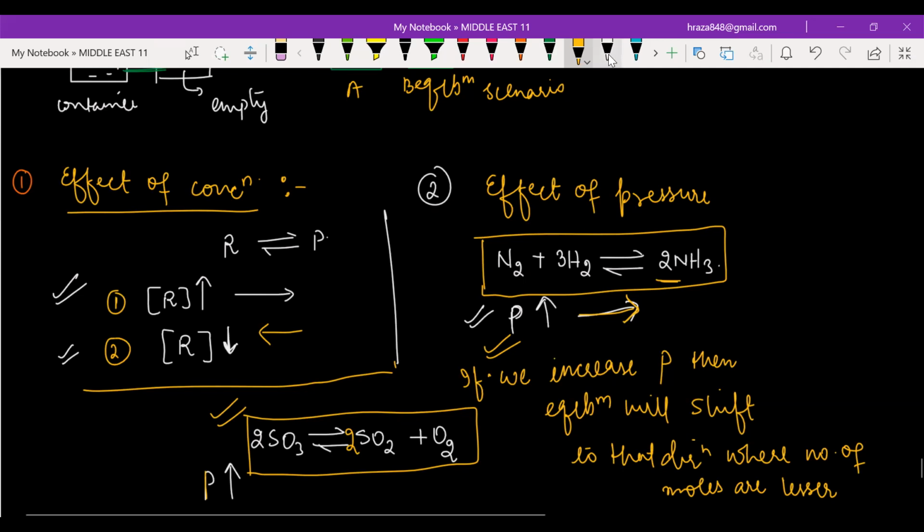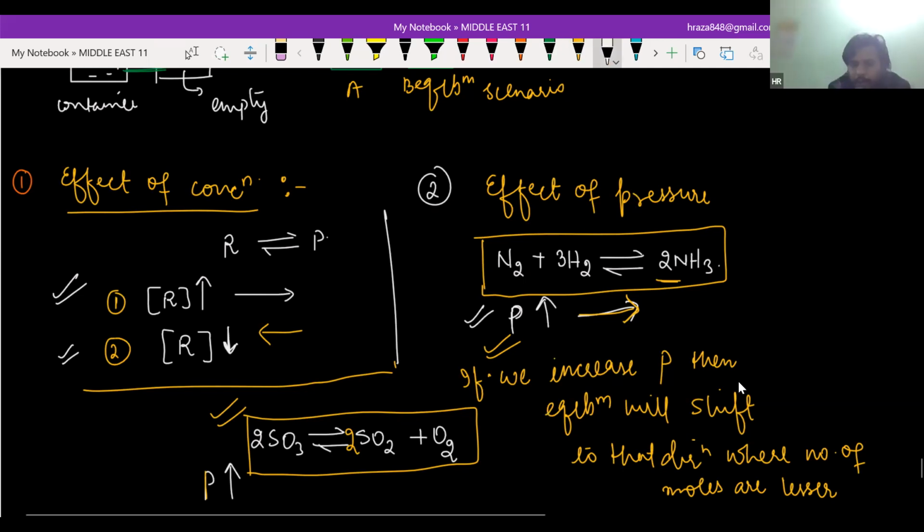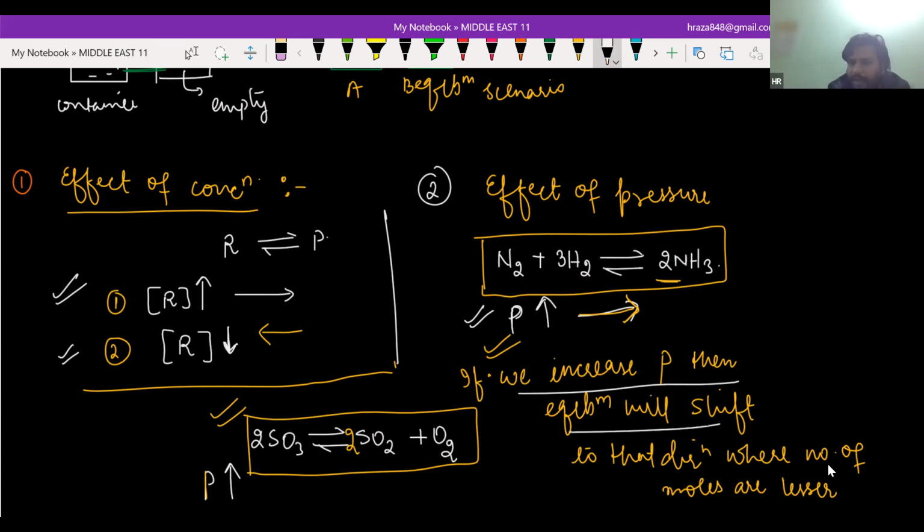Why right to left? I just wrote, if we increase pressure, then equilibrium will shift to that direction where the number of moles is lesser. Just see, the number of moles on the left hand side is 2, the number of moles on the right hand side is 3, and if we are increasing pressure, the equilibrium will shift to the direction where the number of moles is lesser.